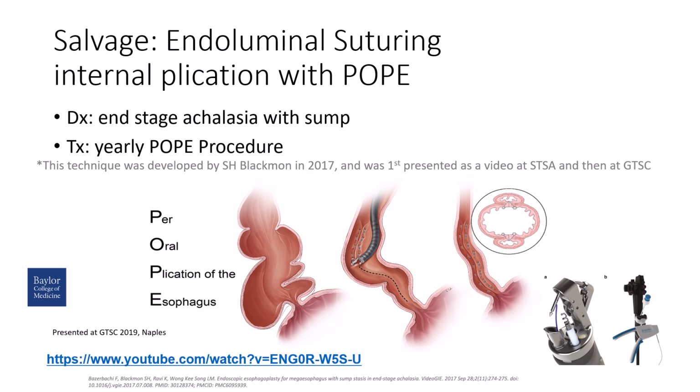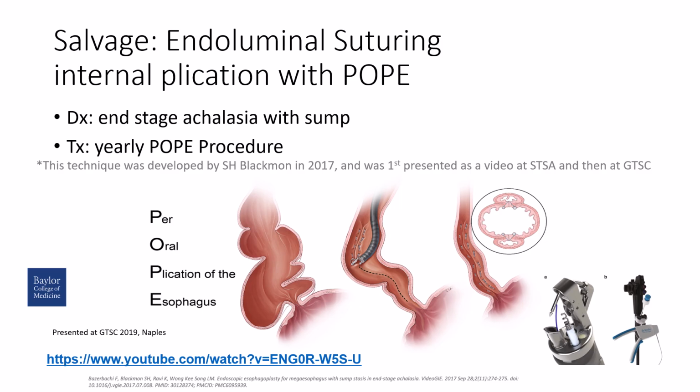The disadvantage of plicating the esophagus, however, is that it may require repeat intervention on a yearly basis, as eventually the plication will come undone. However, if it were me, I would much rather have a yearly plication of my esophagus rather than all of my anatomy revised and moved around and have to undergo an esophagectomy.